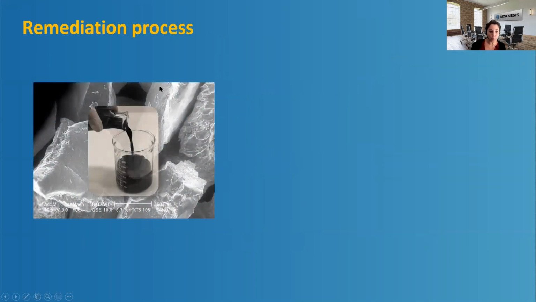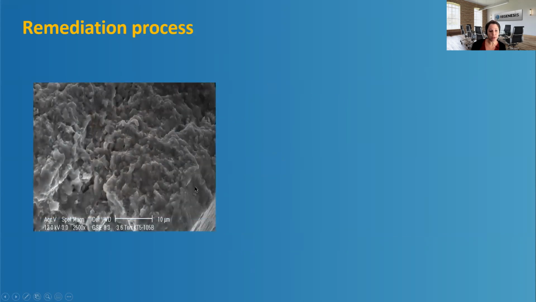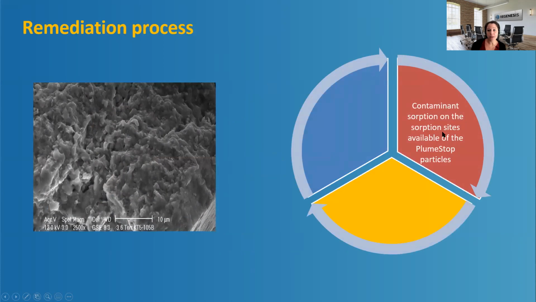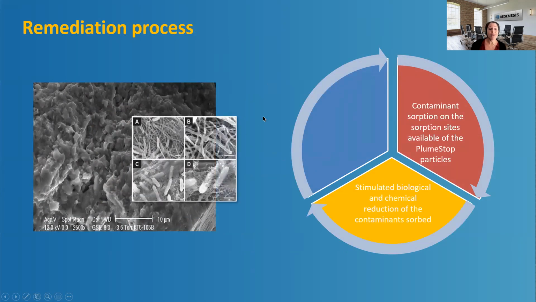So how it works: we inject PlumeStop, and it fixes to the solid matrix of the aquifer. The contaminant in the dissolved phase sorbs on the sorption sites of the activated carbon, but it is anyway bioavailable, so it is biodegraded. In this case, we added zero valent iron in order to also have a chemical reduction of the sorbed contaminant.